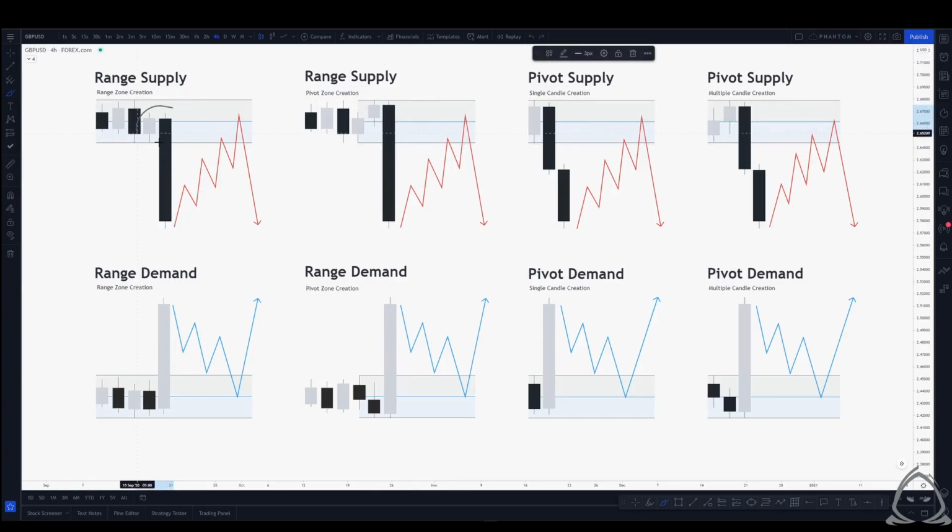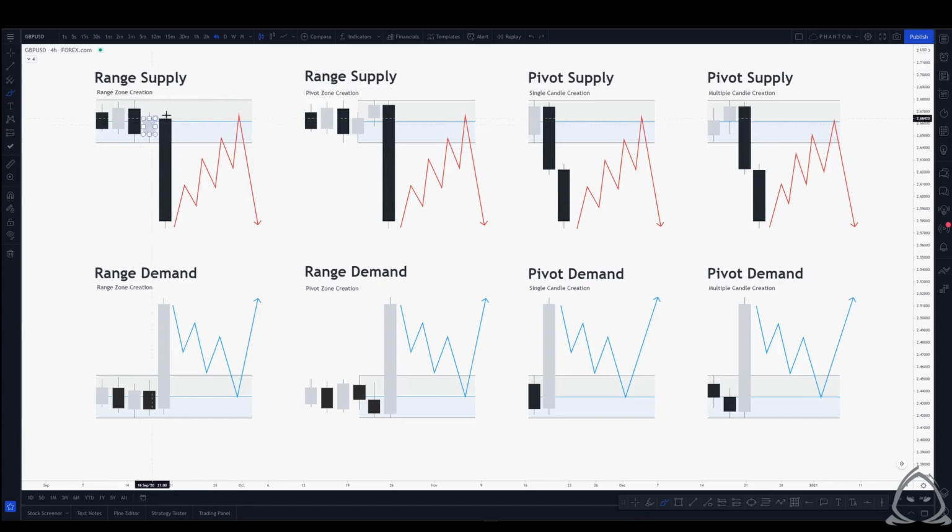We can use the bullish candle, we can use the series of bullish candles, and on the flip side for demand, we can use the bearish candle, we can use the entire range, or we can use the series of bearish candles. And what we're doing is, now that we've established that prices rapidly move to the downside or prices rapidly move to the upside, we've been able to identify that a supply zone or a demand zone has been created. We just simply are waiting for price to return back to that supply zone.